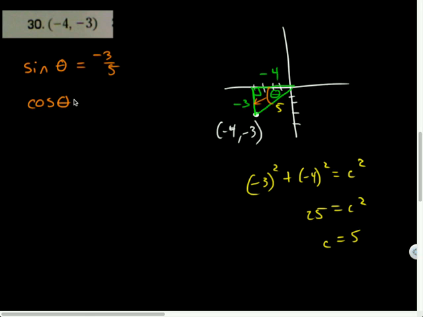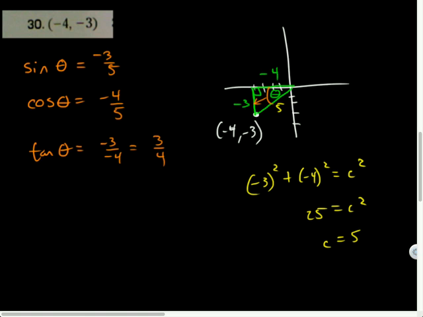Cosine of theta. Adjacent over hypotenuse, so -4/5. Or I could have thought of it as x over the radius. Tangent would be -3 over -4, which is 3/4. Or I could have thought tangent is the ratio of y over x, which we talked about a moment ago. Tangent is also the ratio of sine over cosine.